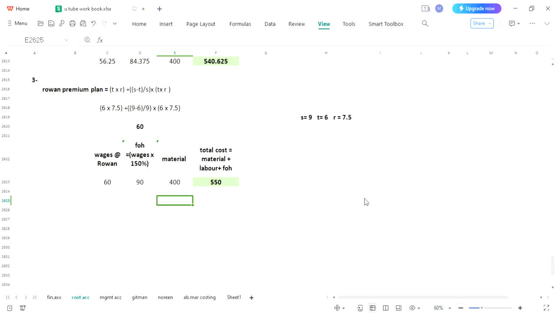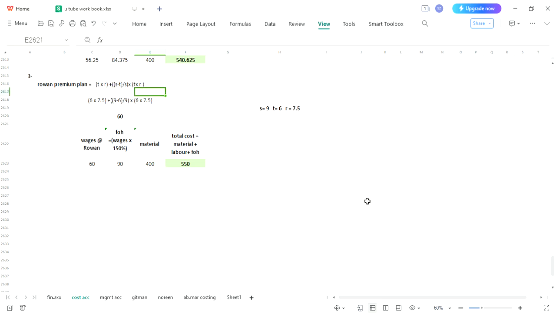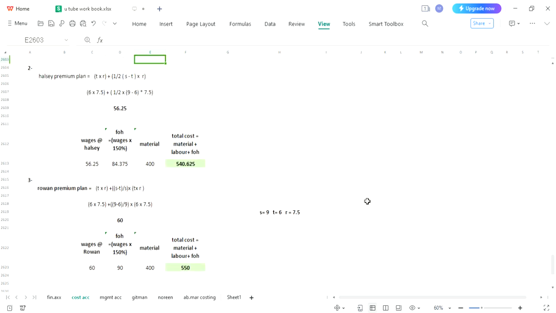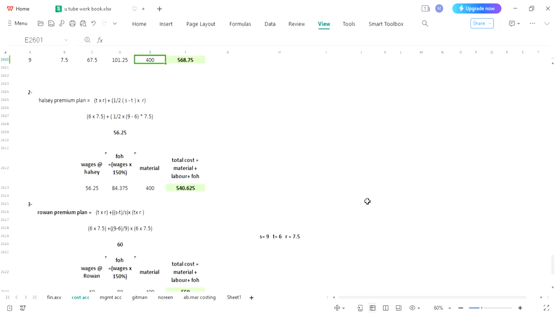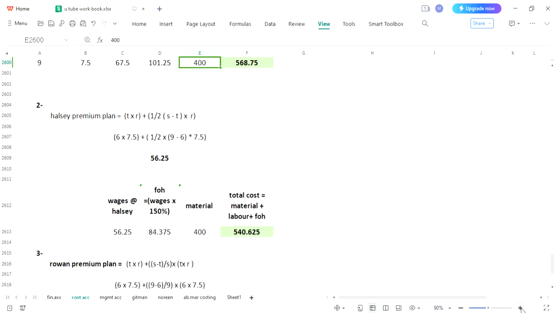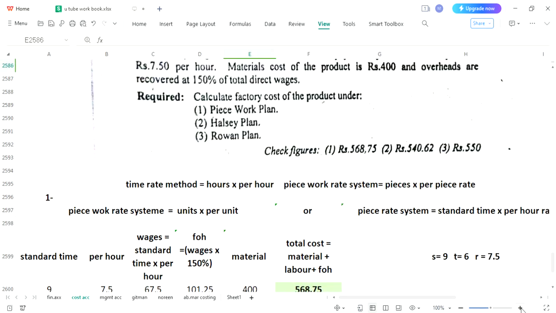The three answers are not coming on the same screen: 568 first, 540 and 550. This is the total volume of your question, and you will be arranging it yourself when you solve it on your paper. So let's review it.